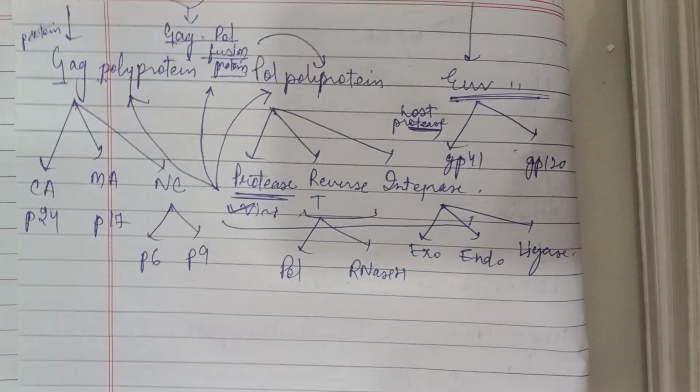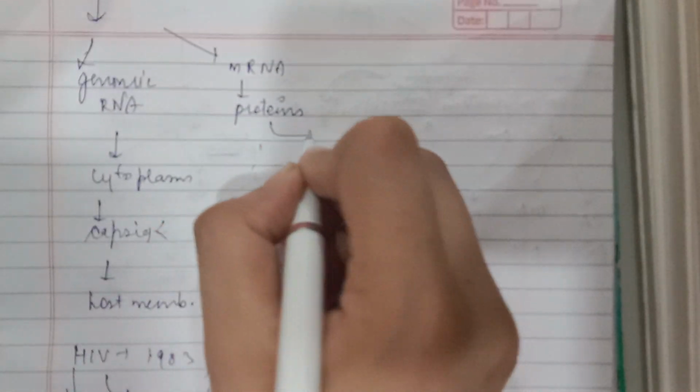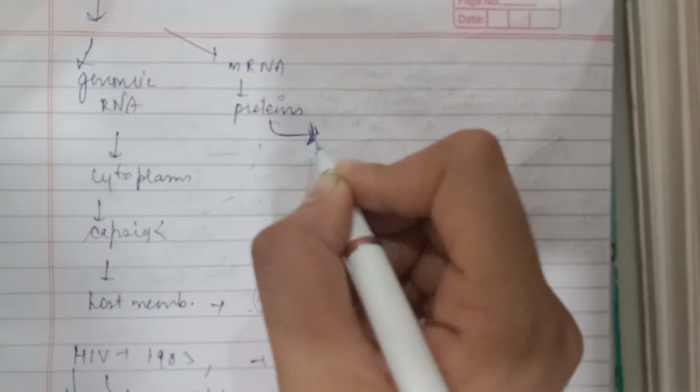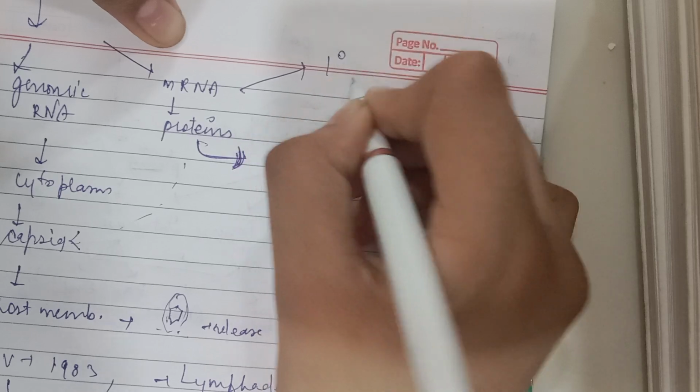Now, with this, we are clear on this topic, and we'll discuss the mRNA which has been synthesized here, and its transport. mRNA is synthesized in the form of a primary transcript.